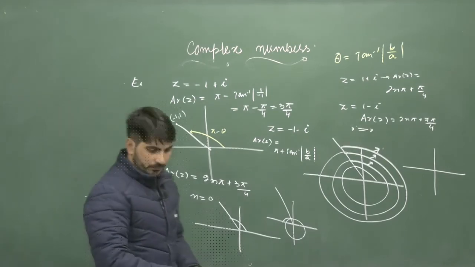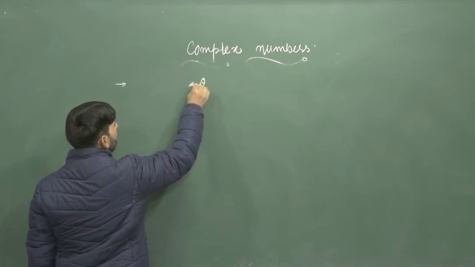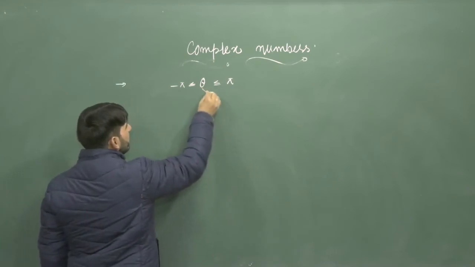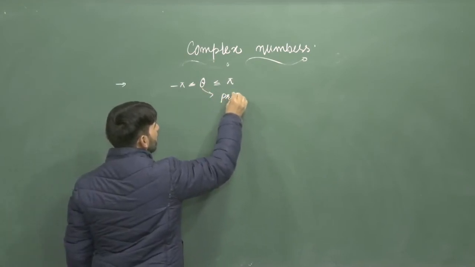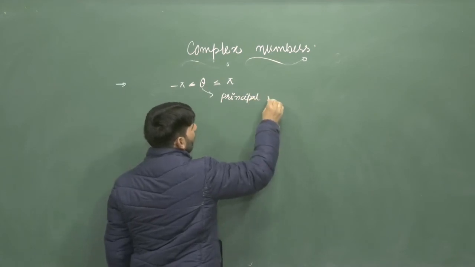Now, if the value of θ is greater than or equal to -π and less than or equal to π, then this θ is known as the principal value of the argument.